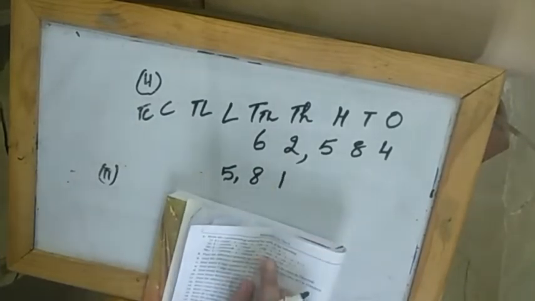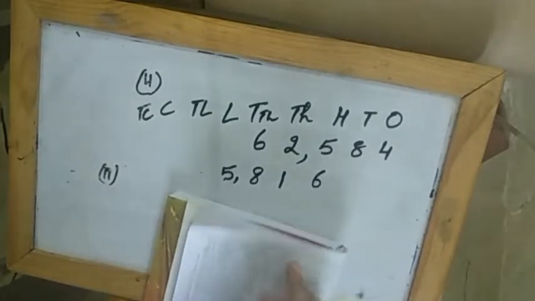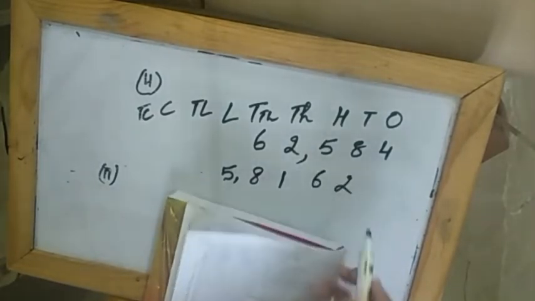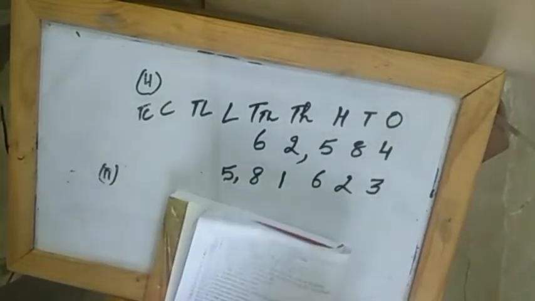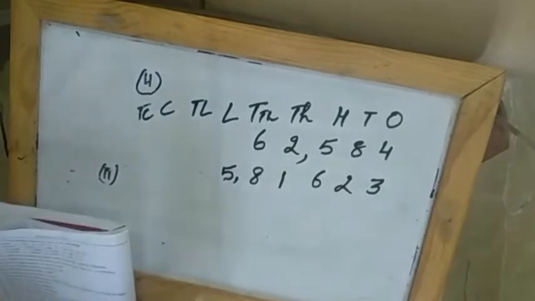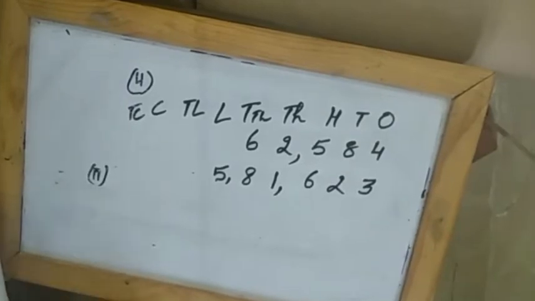Then 6 into 100 means 600. 2 into 10 means 2 tens, so 2 will come under tens. And 3 into 1 means 3 under ones. So this is the required number for the second part, 5,81,623. So this is how you do the fourth question.